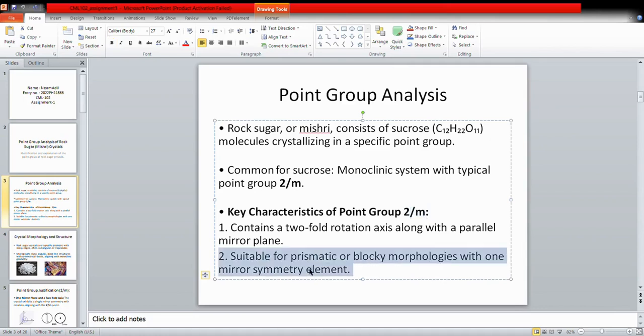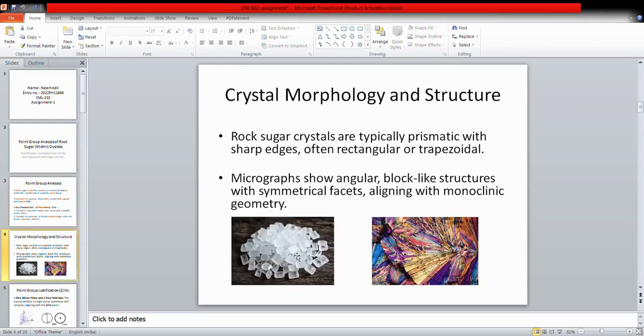Now this point group 2/m is suitable for prismatic morphologies. If we see its macroscopic structure, if we see one unit, we observe transparent structures, and these transparent structures would mean their dispersion is possible and prismatic structures are prevalent.